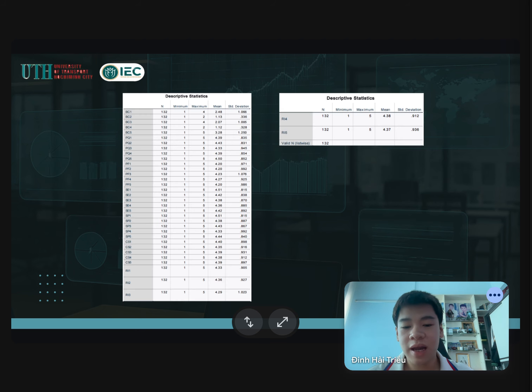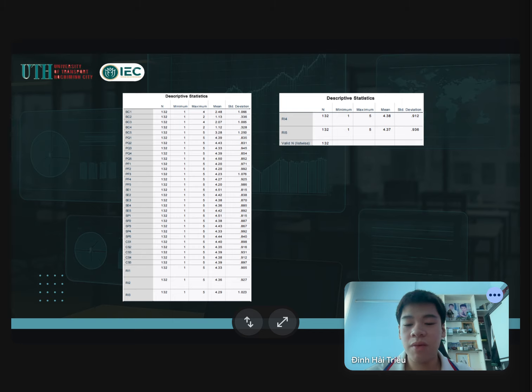First, let's look at the descriptive analysis. The purpose of descriptive analysis is to summarize the characteristics of the collected data before moving on to more advanced statistical tests. It allows us to understand respondents' overall opinions and determine whether there are any unusual patterns in the data.